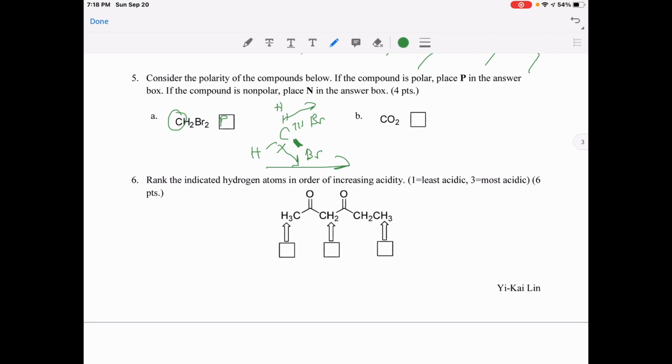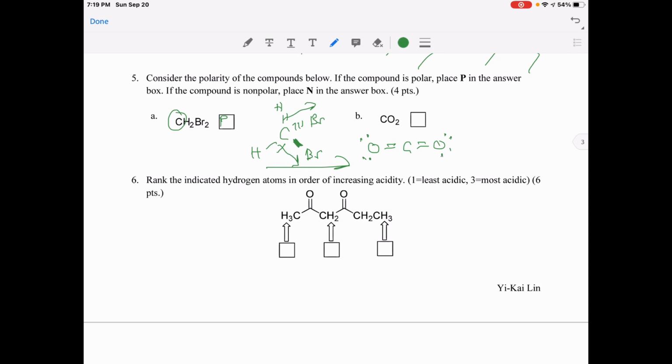For part B, we have CO2, carbon dioxide. When we draw out the Lewis structure, we draw the 4 bonds connected to carbon to give it a formal charge of 0. Since this carbon is electrically neutral, and CO2 is electrically neutral, we get this structure.